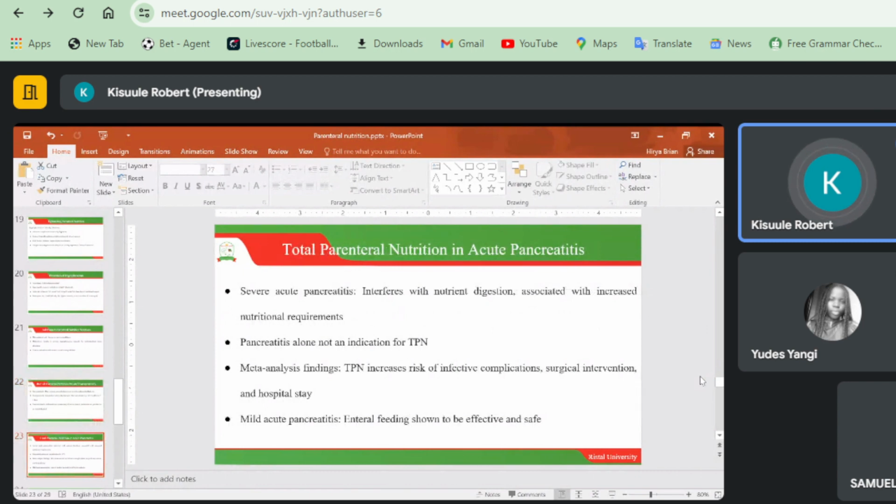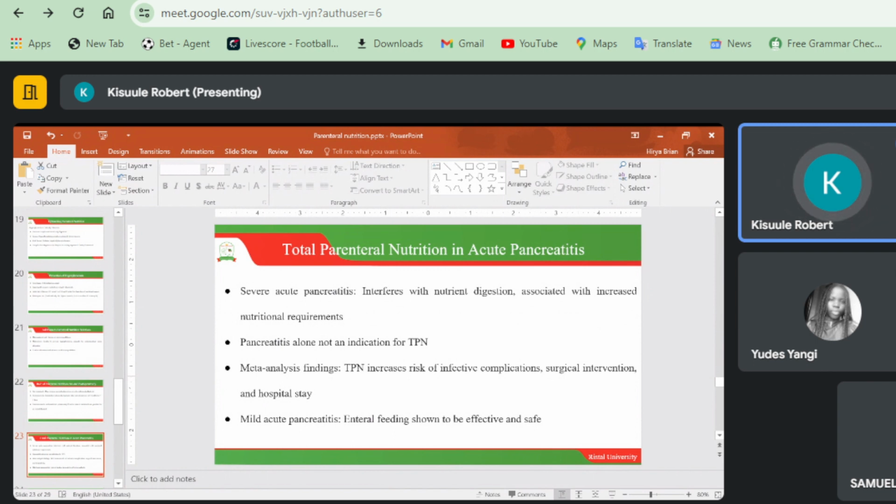And also for severe pancreatitis, we also indicate this, and we are saying it interferes with the nutrient digestion associated with the increased nutrition requirements. So in severe pancreatitis, if the nutrients can't be digested well or can't be absorbed, then we are left with only one option, which is to direct the nutrients into your bloodstream.